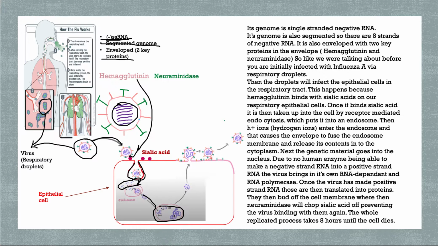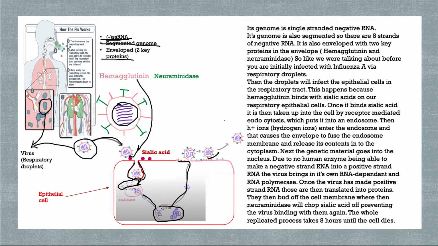So once the virus has made a positive RNA strand, those are then translated into proteins. They then bud off into the cell membrane, right up here, where the neuraminidase will then chop off their sialic acid, preventing the virus binding with them again.